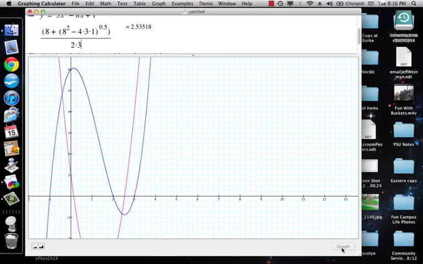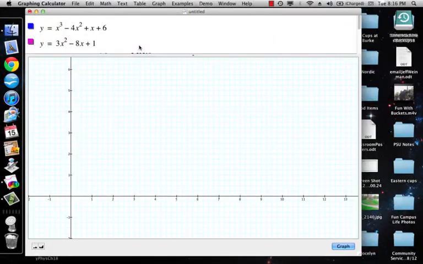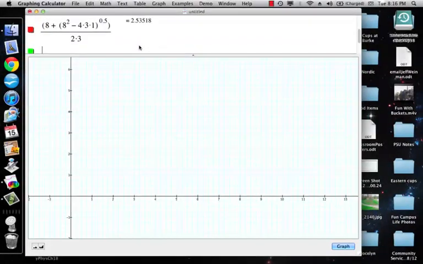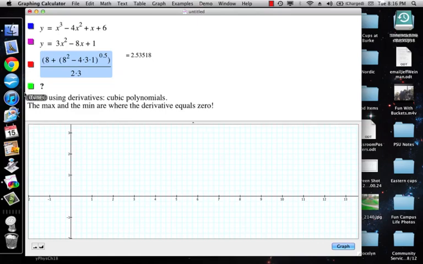2.53518. And I go over here, and it says right there 2.53518. There you go. And so then if I just take that and plug it right back into my original, this is going to be sort of a pain, but we can do it. Let's pull that down.